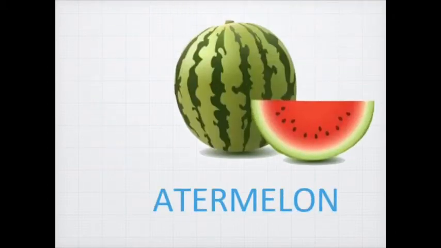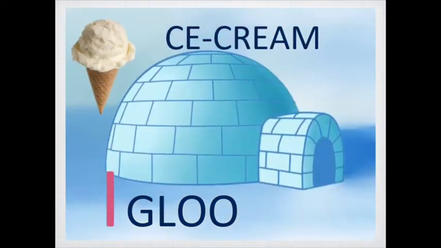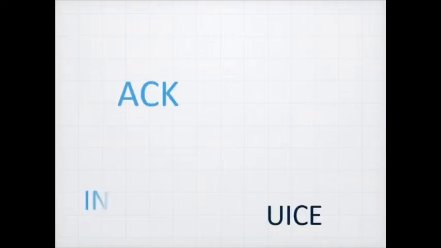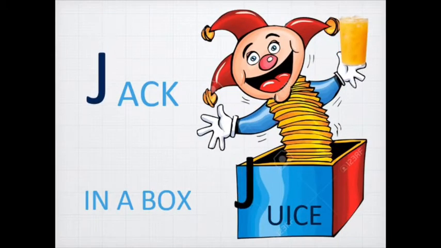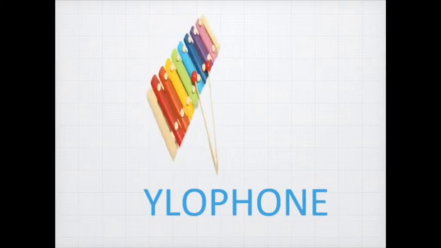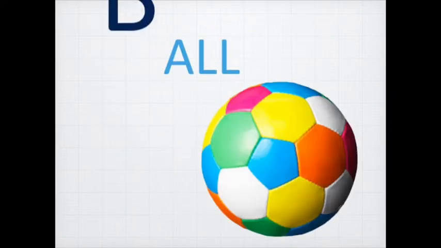O, octopus. W, watermelon. I, igloo. I, ice cream. J, jack in the box. J, juice. X, xylophone. B, ball.